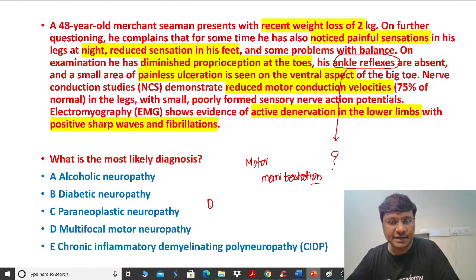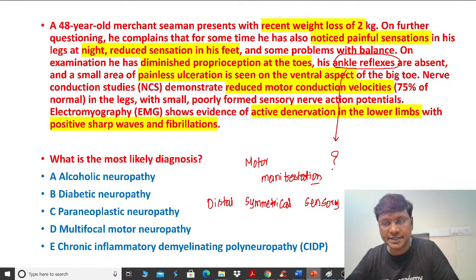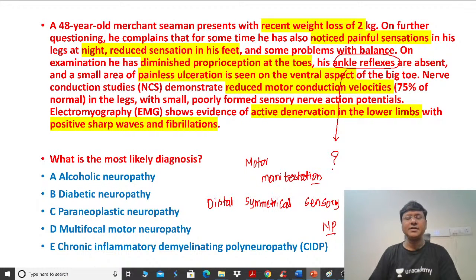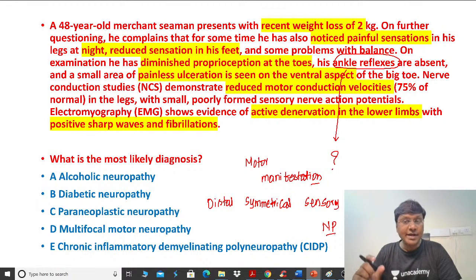This particular patient is having distal symmetrical sensory motor neuropathy. That is the diagnosis of this patient. Why are you considering motor? Because your ankle reflex is being lost.